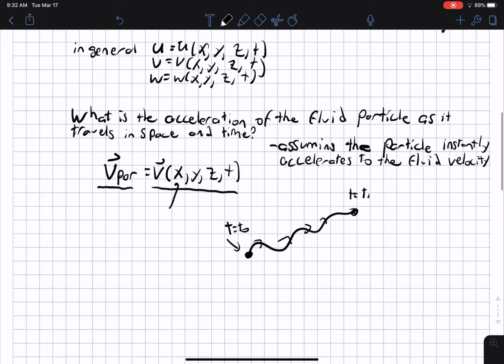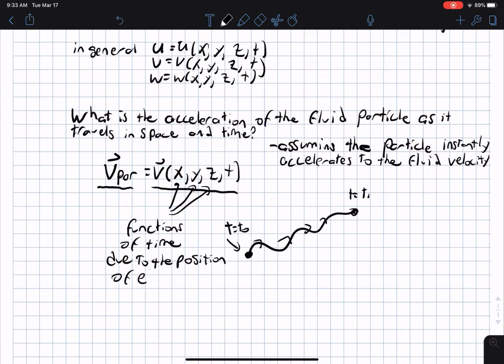So x, y, and z for the particle are functions of time due to the position of the element changing.